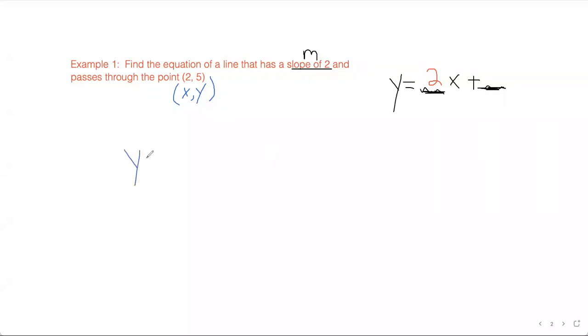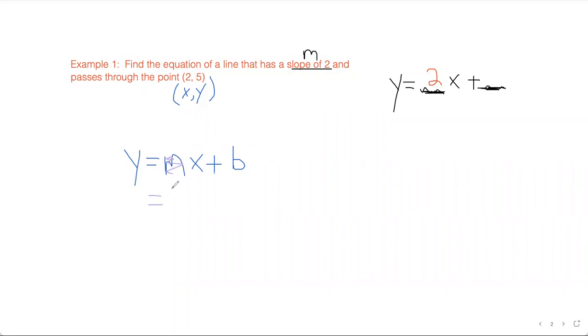Well, let's rewrite this equation, y = mx + b. If I rewrite this equation, I have all the letters in this formula except b. So what I'm going to do is substitute those three values in. My m is 2, so I'm going to take this m out and write a 2 in its spot.